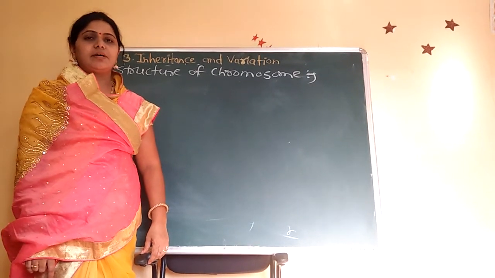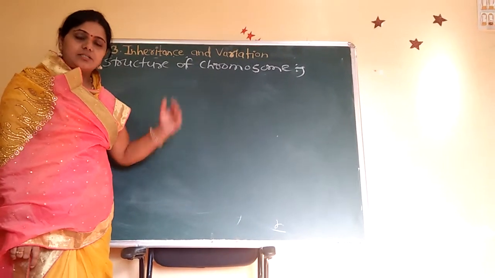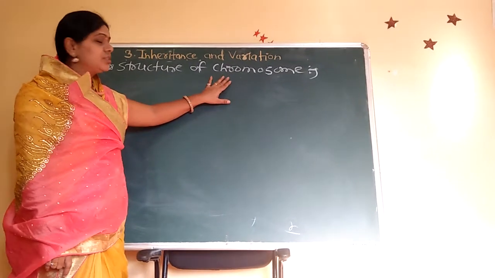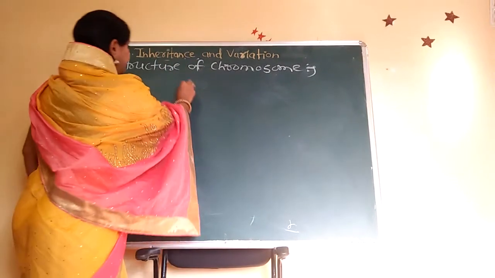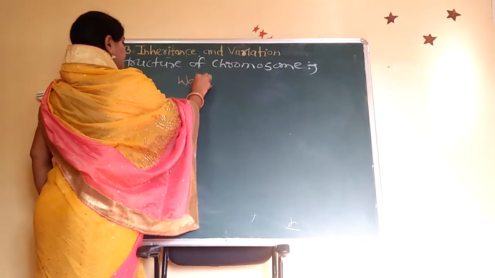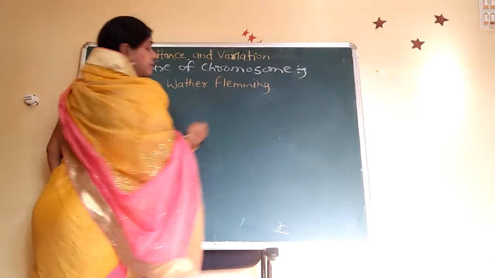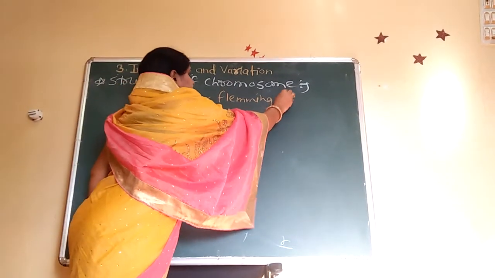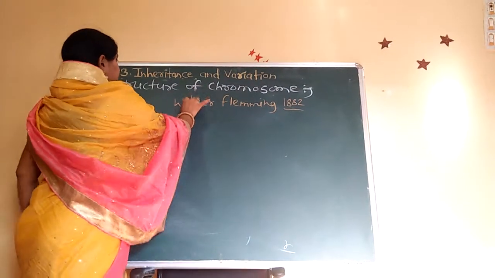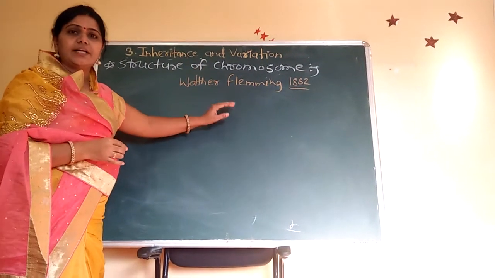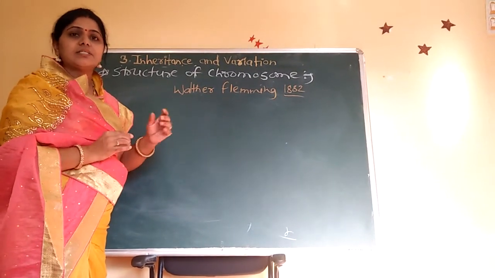Method, inheritance and variation. Today we discuss the structure of chromosomes. Chromosomes were discovered by Walter Fleming in 1882, in the cells of the larva of the salamander.